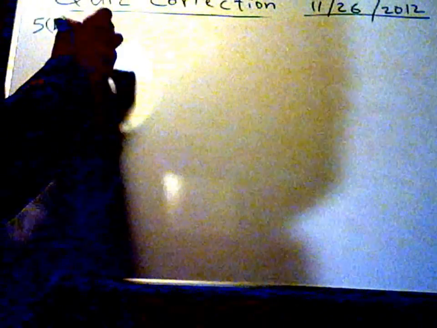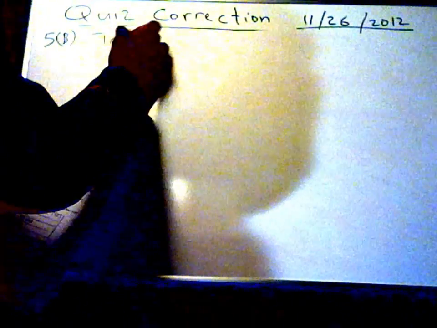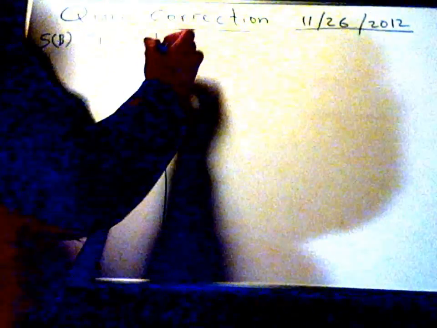Okay, so now I'm going to create a table. This is 5 part B. And the table is going to have time, and over here it's going to have temperature on the right. That's going to be in degrees Fahrenheit.